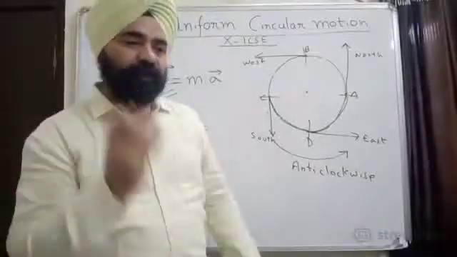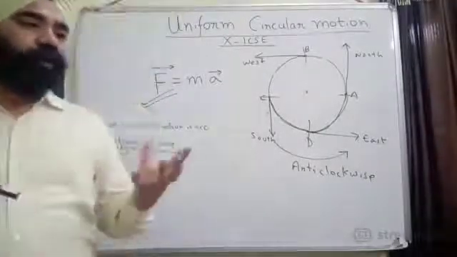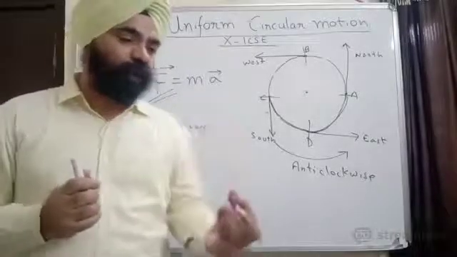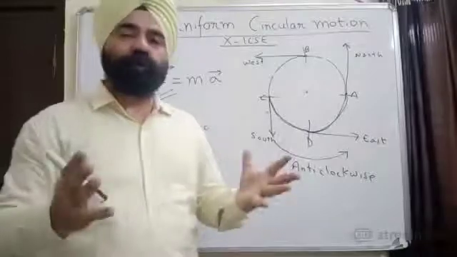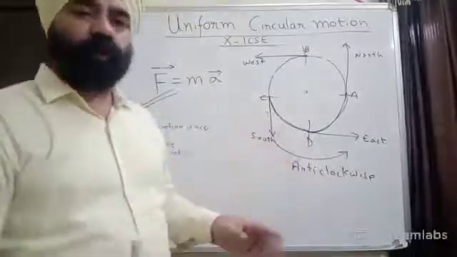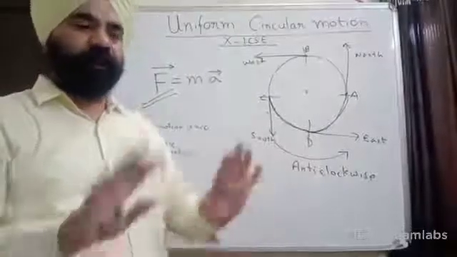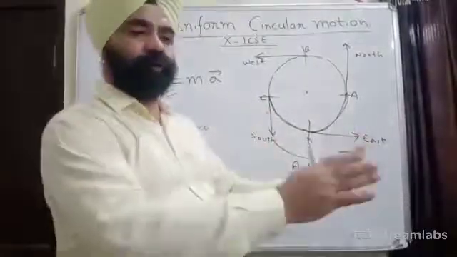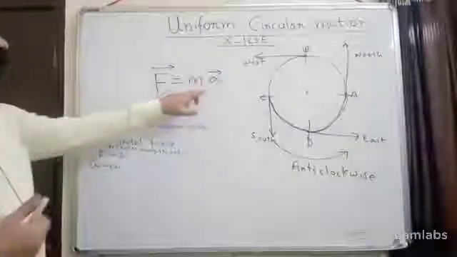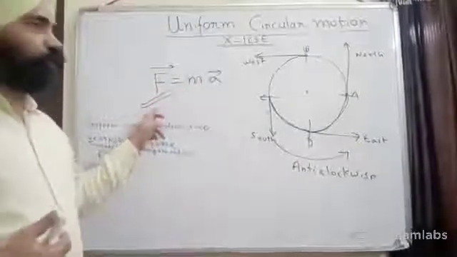If a body is showing accelerated motion, then some force is definitely acting on it. Without a force, a body can never be accelerated. I need a force, only then the body gets accelerated. To stop a body also I need a force, only then it stops, slowly it retards. Got it? So if it is accelerated, it has to have a force.